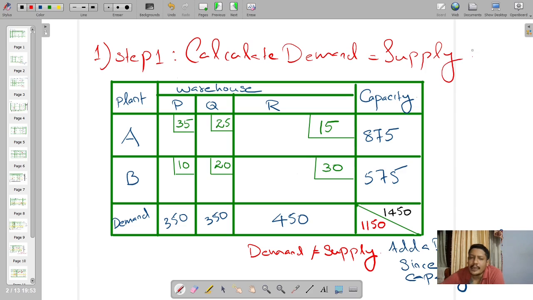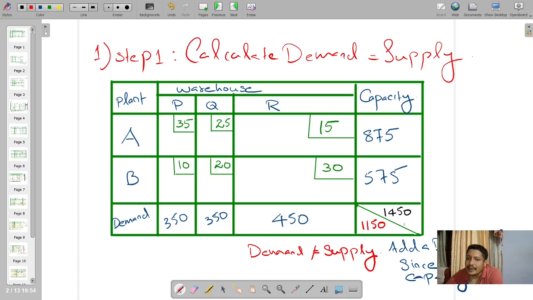When we total the capacity, 875 plus 575, we get 1450, and when we calculate the demand, we get a value of 1150. So it proves that the demand is not equal to supply.